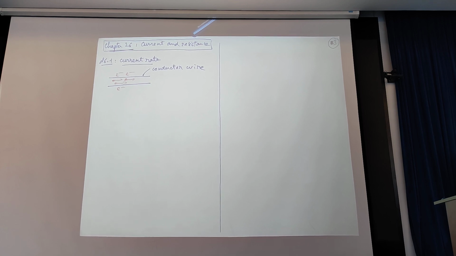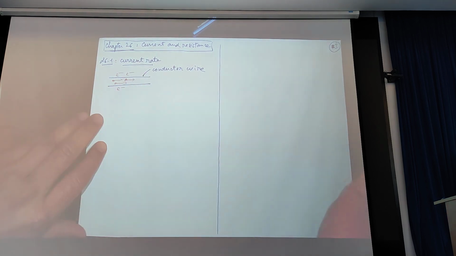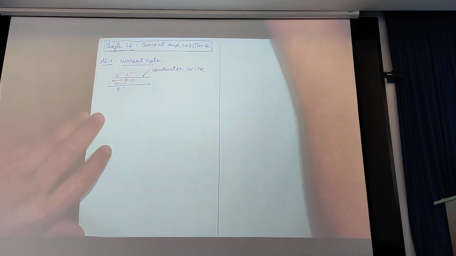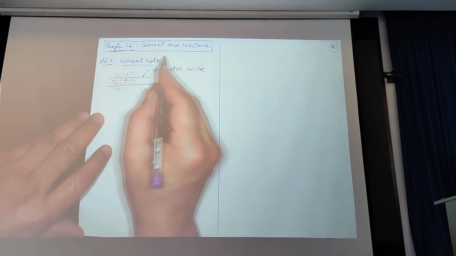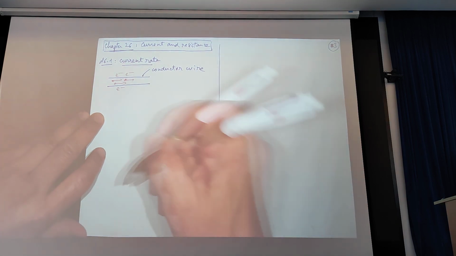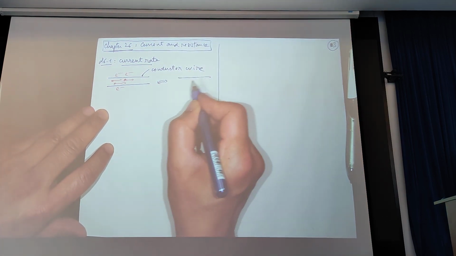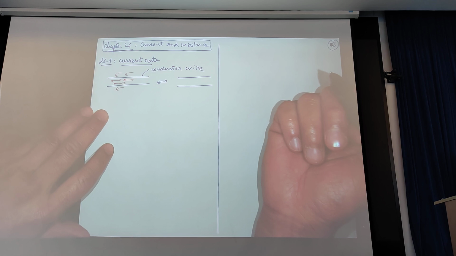Of course, when electrons move in one direction, it is equivalent to opposite charges moving in the other direction.